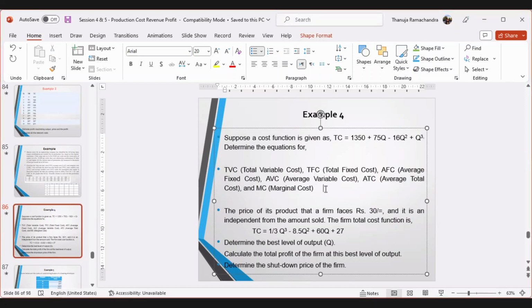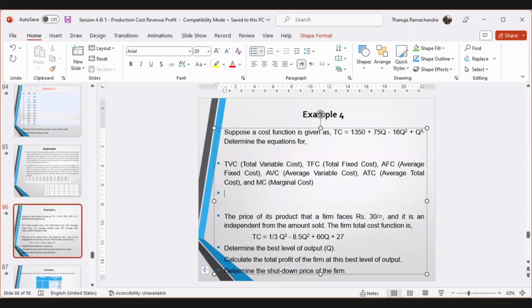I can write, if you want, marginal cost only here.